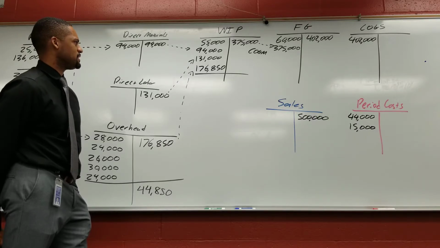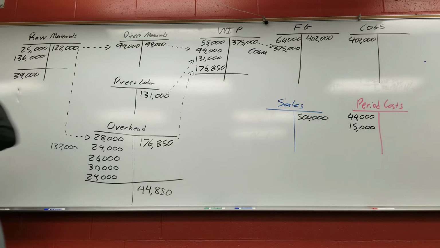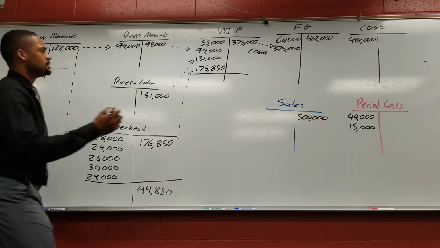Is it 81,850? Better check. What did we say? 55,000 plus the 94,000 plus the 131,000 plus the 176,850 minus the 375,000. Yep, 81,850.